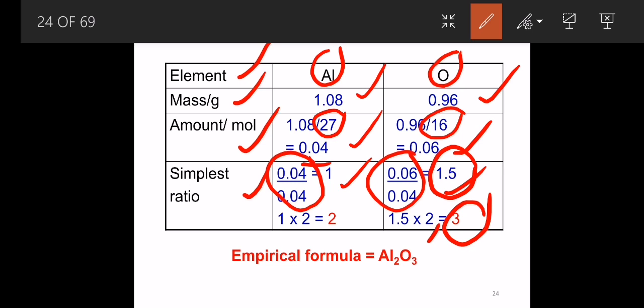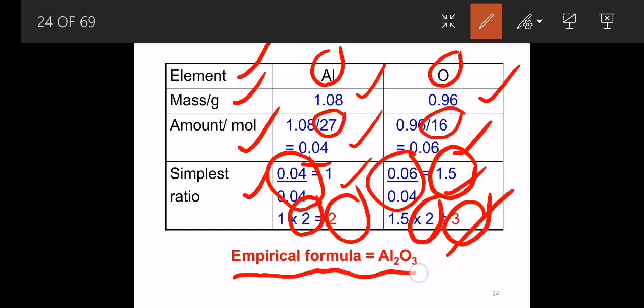Once you multiply by 2 here, for the aluminium you must also multiply by 2. So aluminium you get 2, and oxygen you get 3. So the empirical formula is Al2O3.